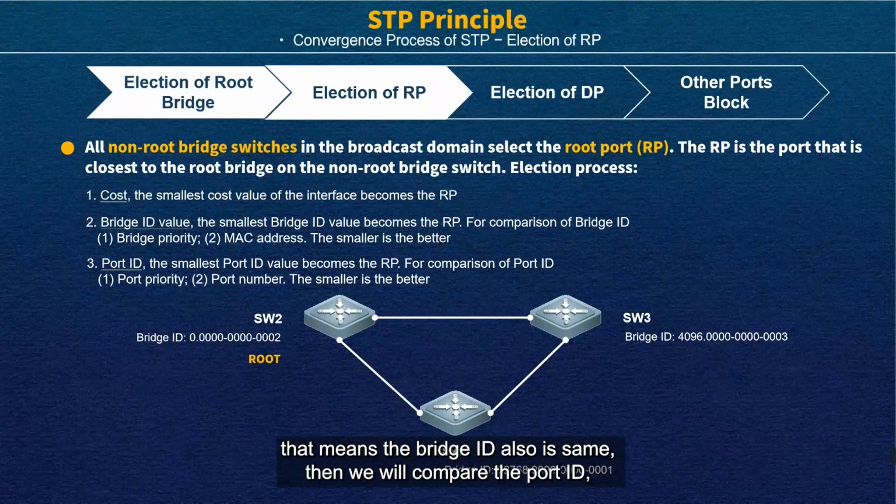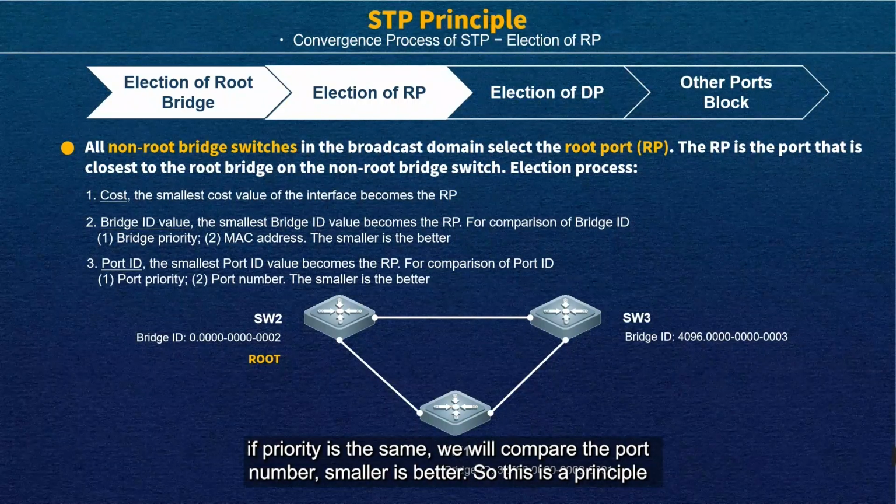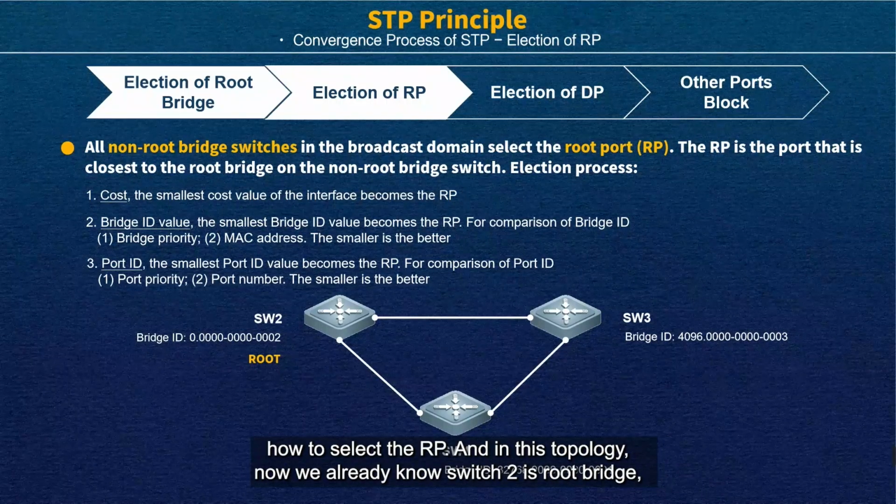That means the bridge ID also is the same. Then we will compare the port ID. The smallest port ID value will become the RP, and we will compare the port priority at first. If priority is the same, we will compare the port number. Smallest is better. So this is the principle of how to select the RP.